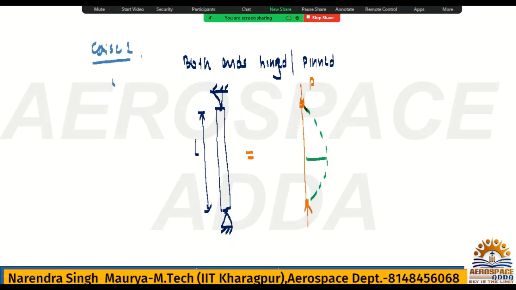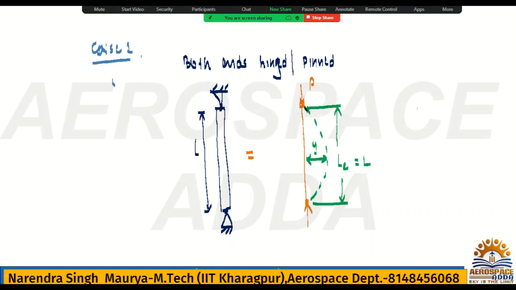This is the deflection Y. And here this length is nothing but the equivalent length, which is equal to L only. I will show you that the equivalent length will be changing also.